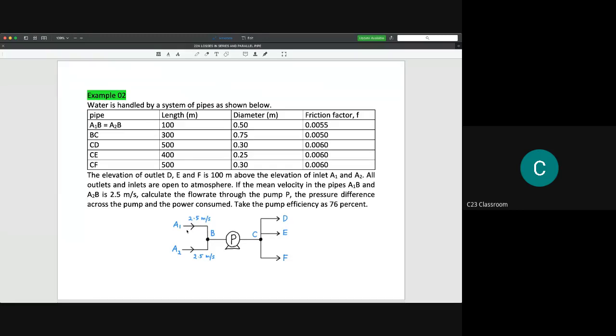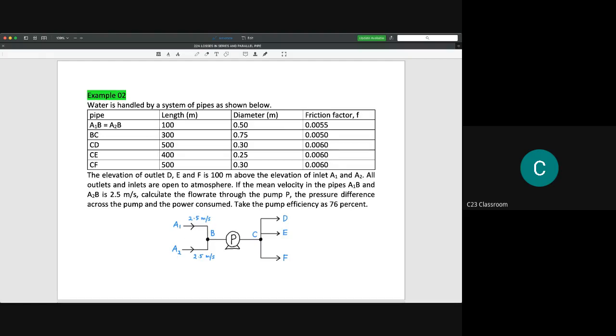So we imagine that A1 and A2 are on the same level, but the outlets D, E, and F are actually 100 meters above the location of A1 and A2. D, E, F are assumed to be at one level, but that level is 100 meters high from the location of A1 and A2.